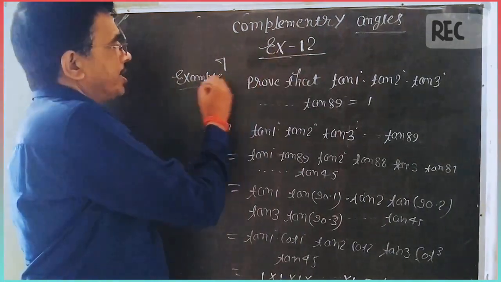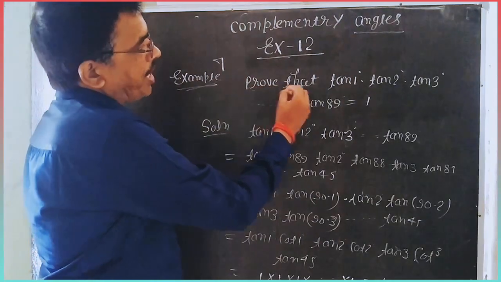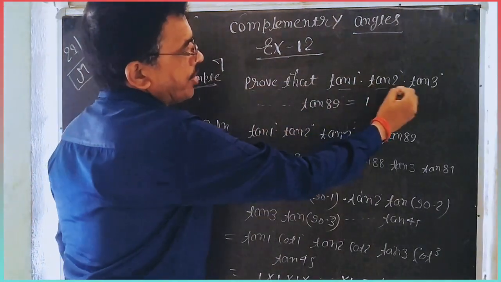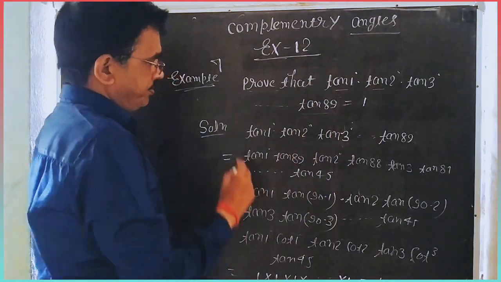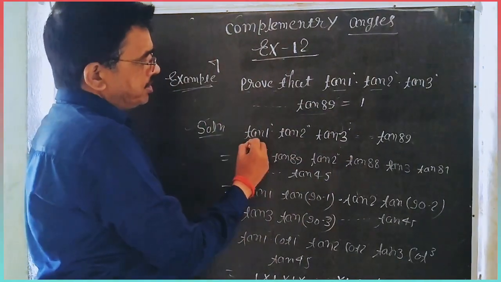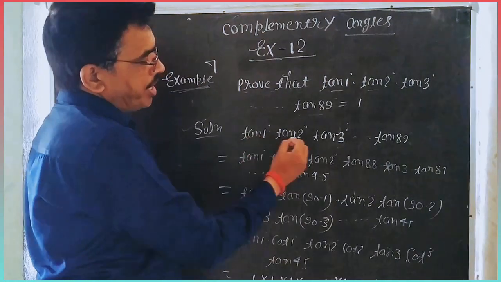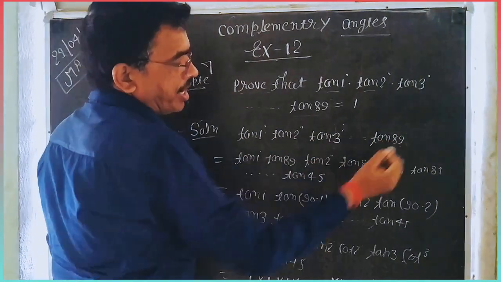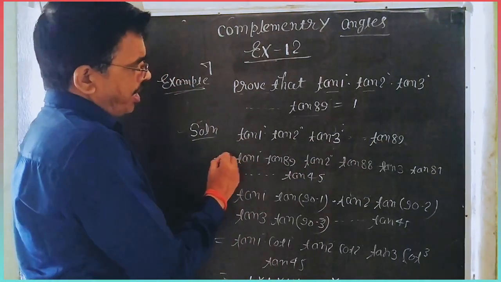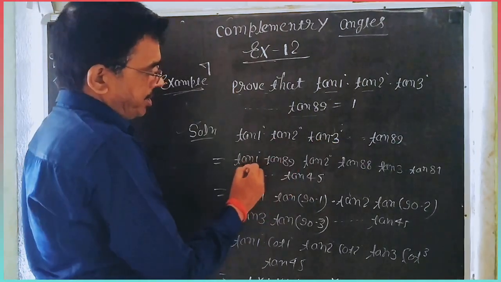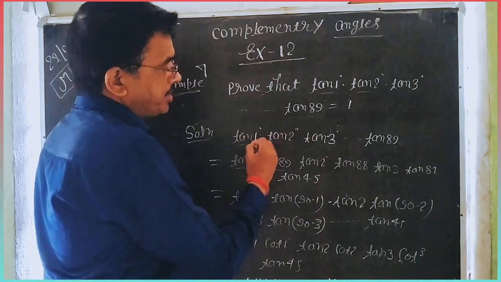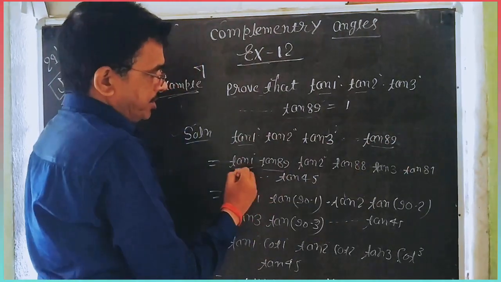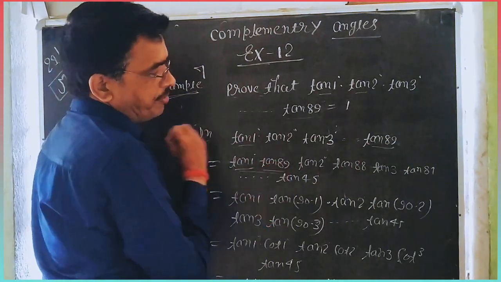Exercise 12, example 7. Prove that tan 1 degree, tan 2 degree, tan 3 degree, and so on up to tan 89 degree is equal to 1. Dear students, first write the question, that is tan 1 degree, tan 2 degree, tan 3 degree, up to tan 89 degree. Now arrange their complementary angles. Here is tan 1, then here write tan 89. Both are complementary, so write them in one place.